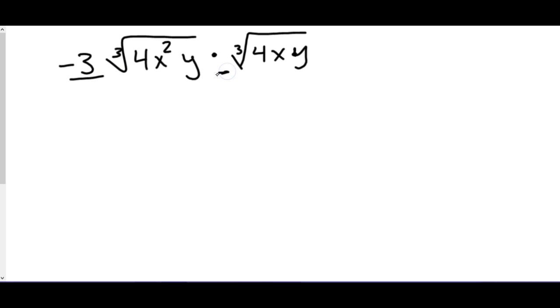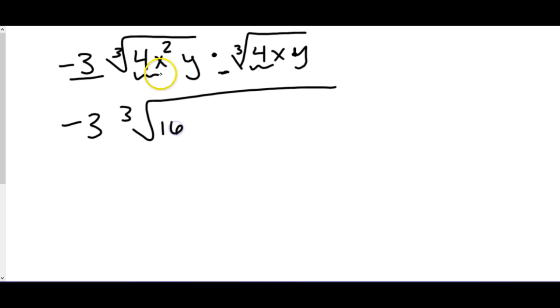There's nothing in front of the other one, so we just leave the negative 3. And then we multiply everything inside together. 4 times 4 is 16. X squared times x is x to the third. Y times y is y to the second.